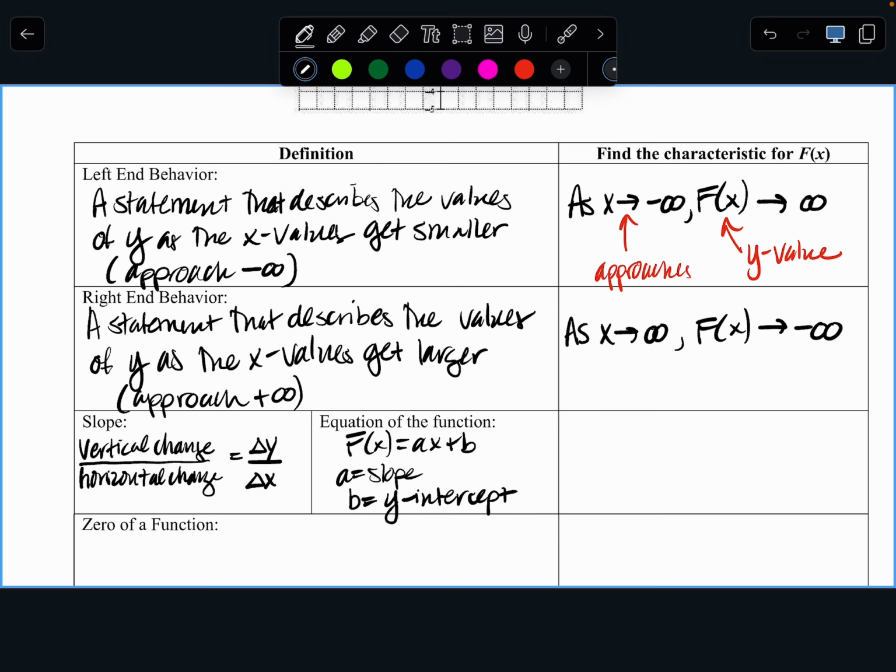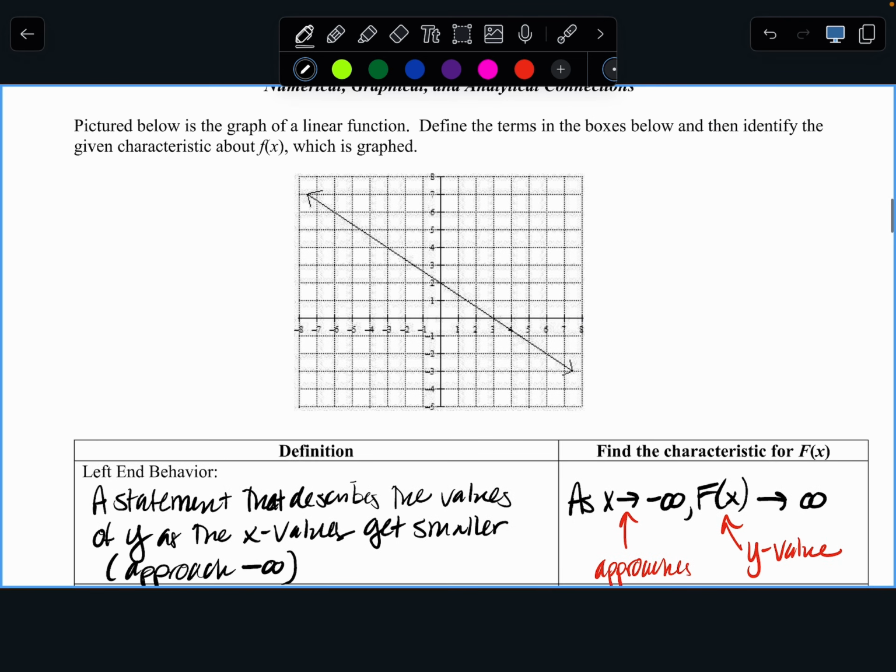In this particular function, if we look at our function, what is our slope? Well, it's a decreasing line, so our slope's going to be negative. I'm going to pick 2 points. Here's a point that I can tell where it is, and here's a point. And to figure out my slope, I'm going to do my vertical change. So I'm going down 2, and I'm going right 3. So I went a negative change in y and a positive change in x.